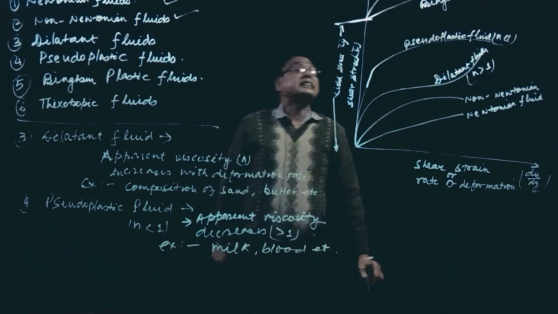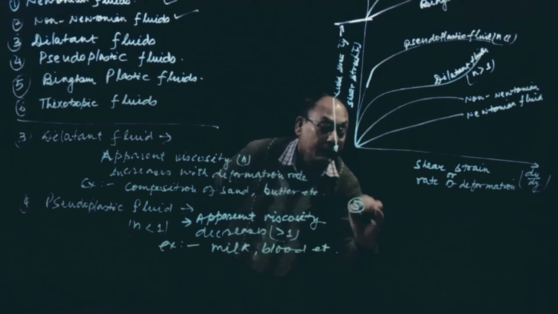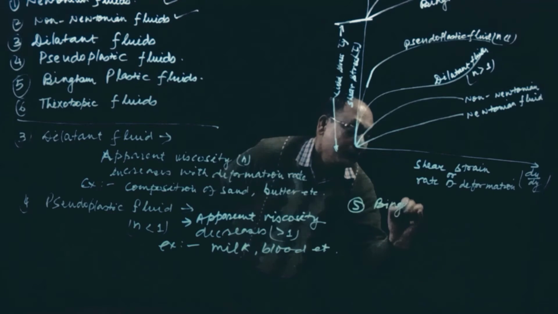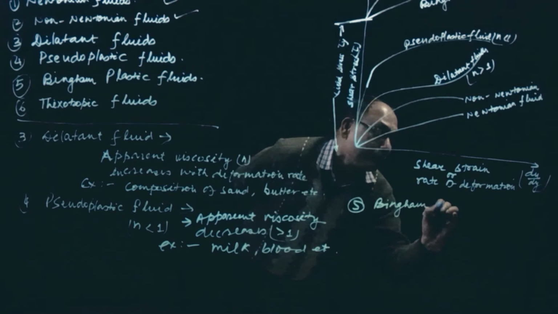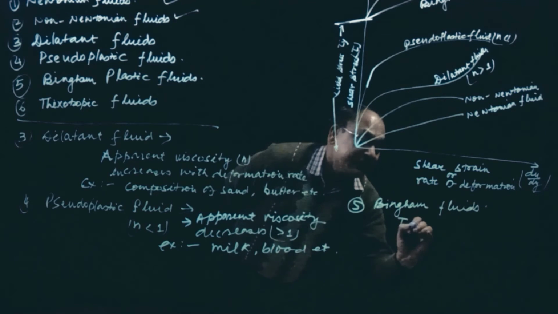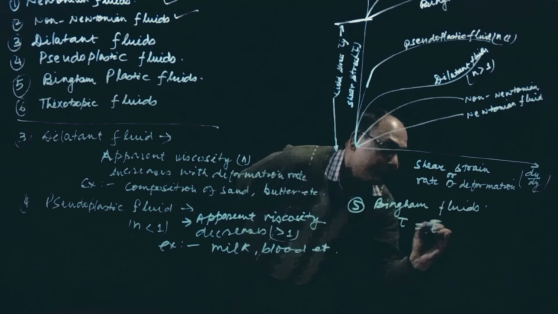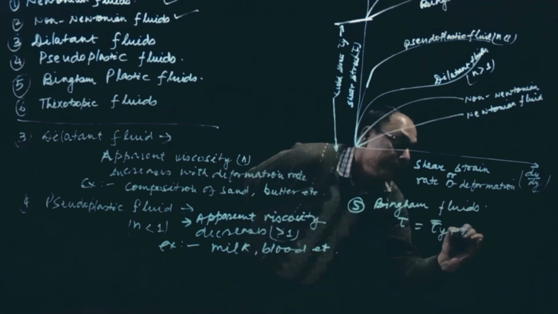Now, two things are left: Bingham plastic. Number five, Bingham plastic fluids. I am writing this here: total tau is equal to tau y plus mu du by dy.